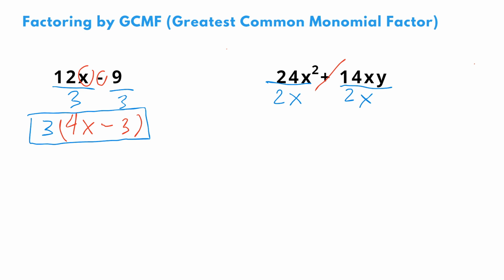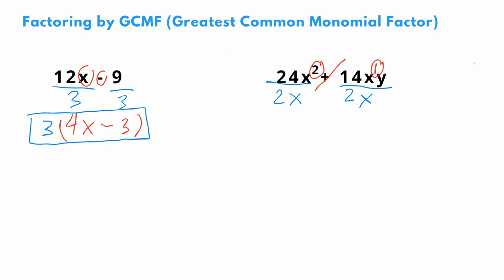What you do is you check the powers. What's the power of x on the first term? We have 2. The power of x on the second term is 1. You just choose the one with the smaller power or the lower power. And that's actually the 1, right? X raised to 1. But do we need to write x raised to 1? No need, right? So simply, our common factor or the GCMF is the 2x.